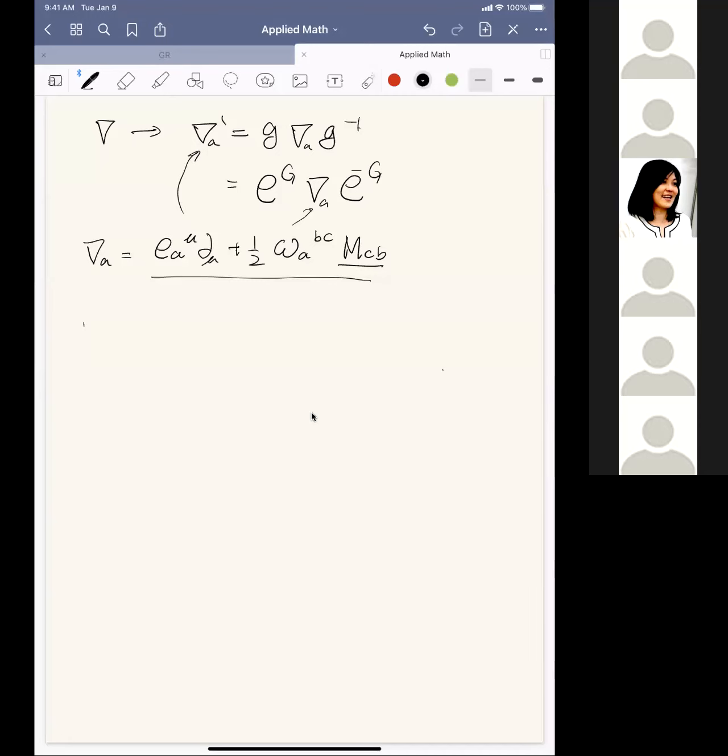In doing this, I want you to work this out, you should derive that the variation of your Vielbein under the local Poincare symmetry takes this form. And I'll comment on this shortly.